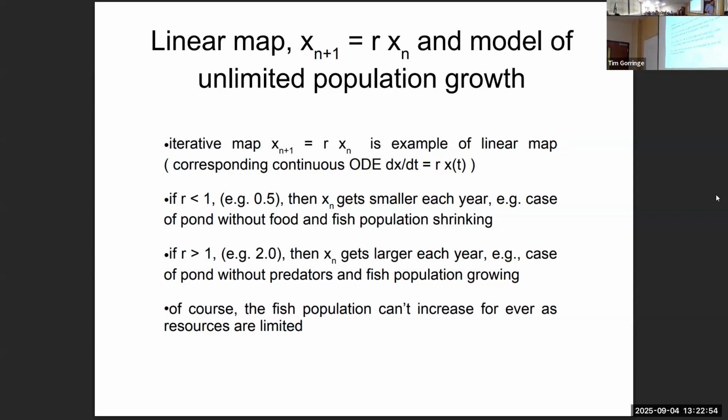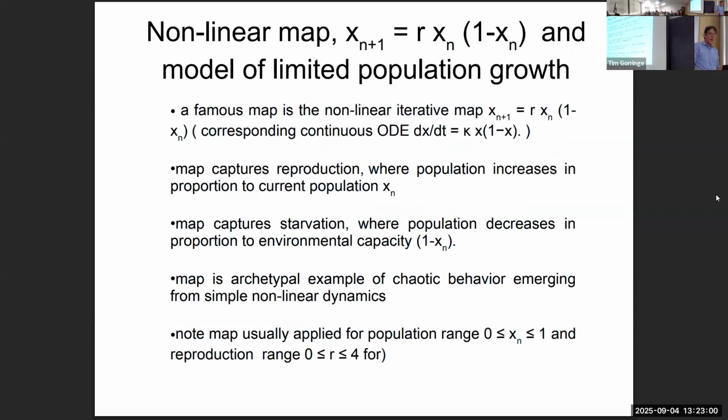So let's make an improved map, and the improved map over that simplest map is a nonlinear map compared to the linear map, and it's one that incorporates both the reproduction of the rabbits and population growth, but also the limited capacity of the field with the rabbits and population decline.